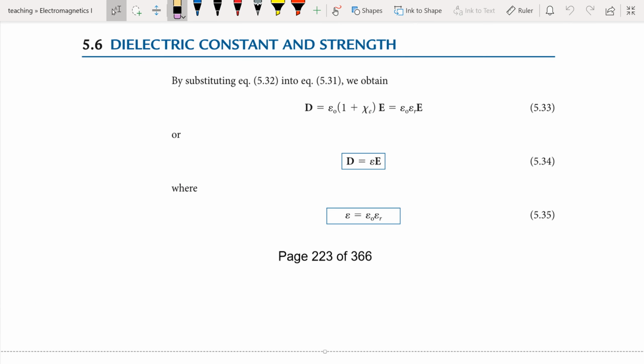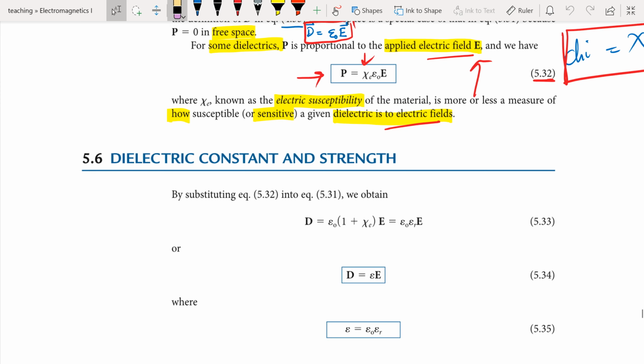The next item that we need to discuss today is dielectric constant and dielectric strength. And this is rather simple.